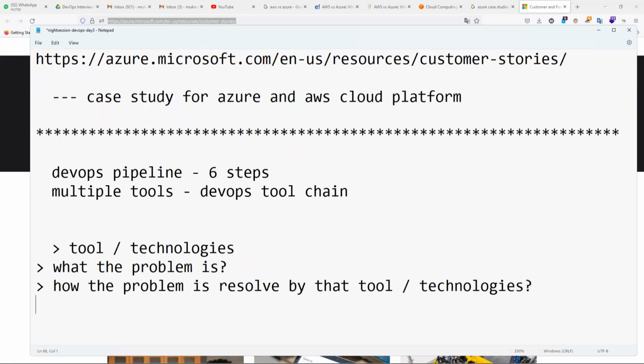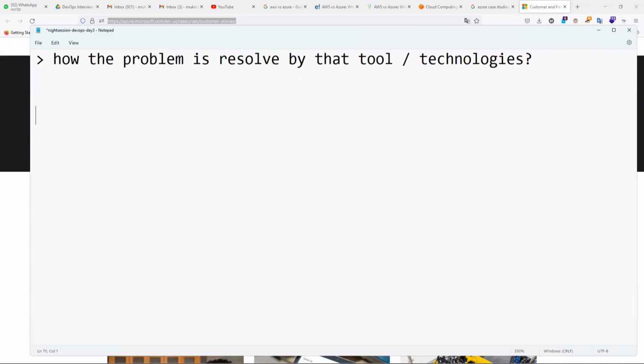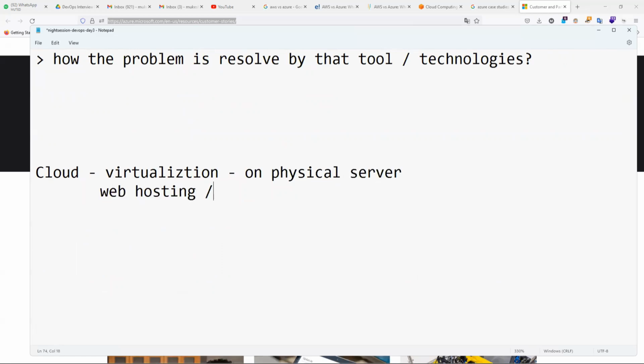Those are the two questions. If we talk in terms of cloud, before cloud we were using virtualization technology on physical servers so that we could run things and get access. At that time we were using web hosting services and launching web servers to provide services online.